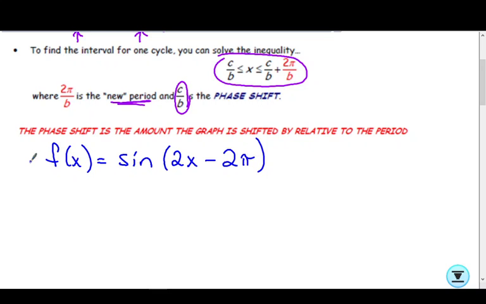Most of my students would tell me that it's going to be to the right, because we have that minus 2 pi there, and they would tell me we're going to the right 2 pi. But that's not the case, because we have a phase shift. We would go over 2 pi, but this right here changes my period. It is a horizontal compression.